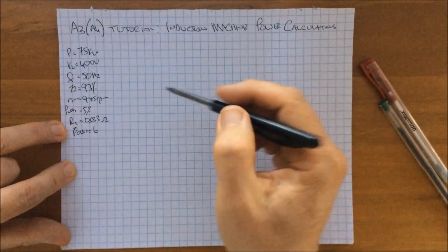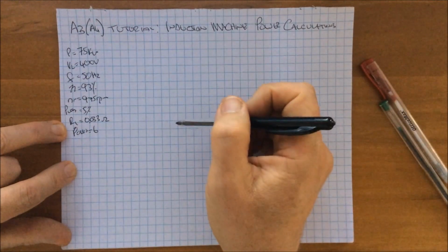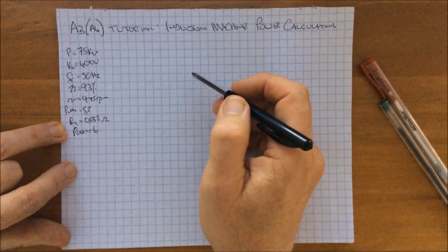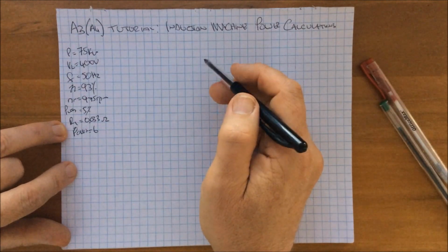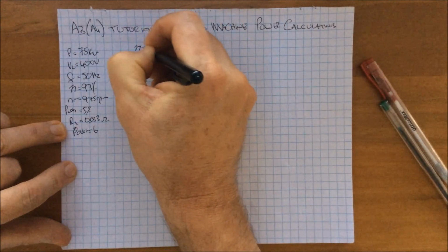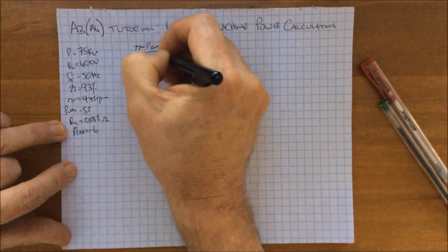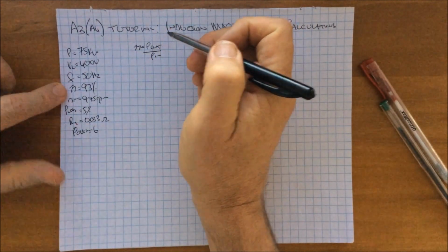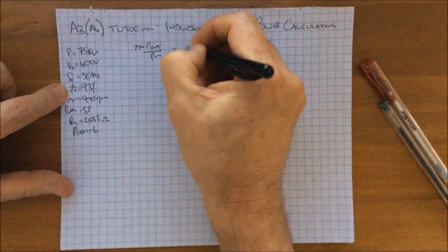Now, what can we understand about this machine from what we've been given? The first thing we can figure out is how efficient the machine is. We know that efficiency is power out over power in. We know the output power and the efficiency, so we can work out the input power.